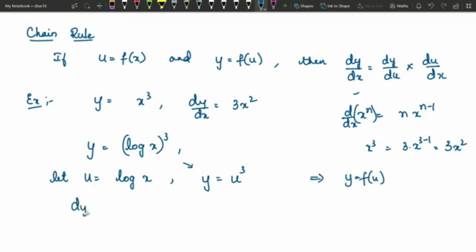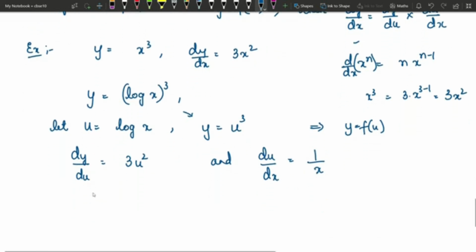Now I will differentiate y with respect to u. What is y? u cube. The derivative of u cube is 3u square. And I will differentiate u with respect to x. What is u? Log x. Its differentiation with respect to x is 1 by x.